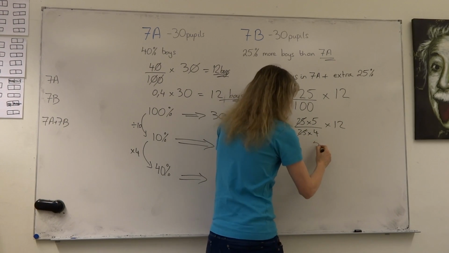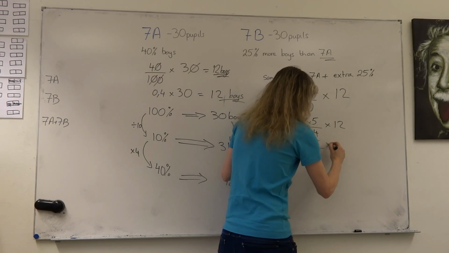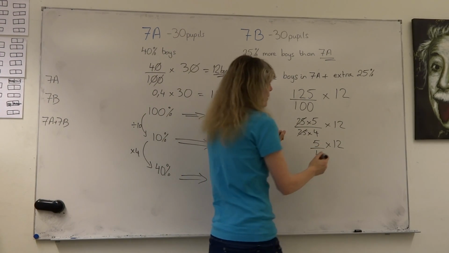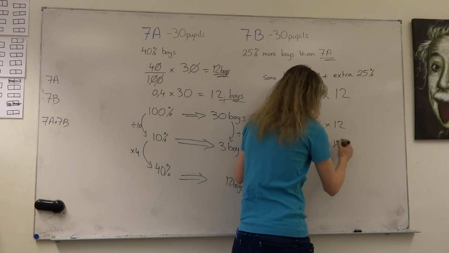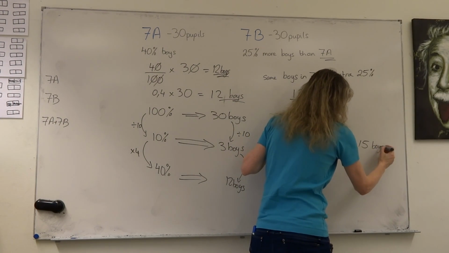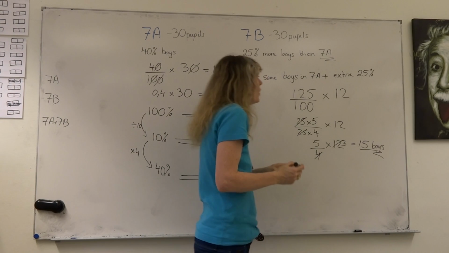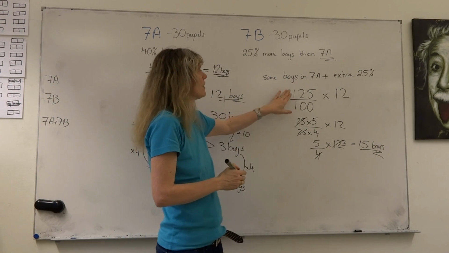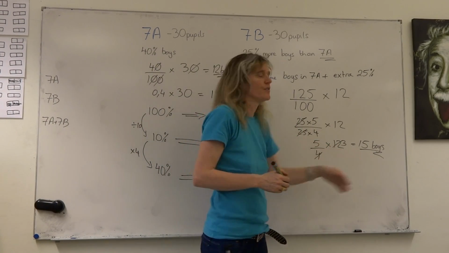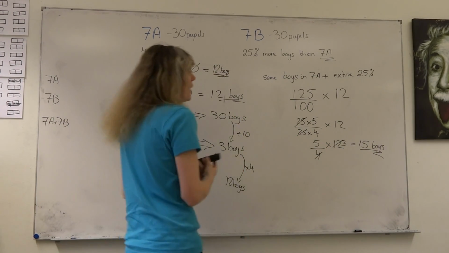So we get 5 over 4 times 12. 12 divided by 4 is 3. So we get 5 times 3, which is 15 boys. So one way of doing it is adding the extra percent that we want onto 100% will give us 15 boys. Let's try it another way as well.